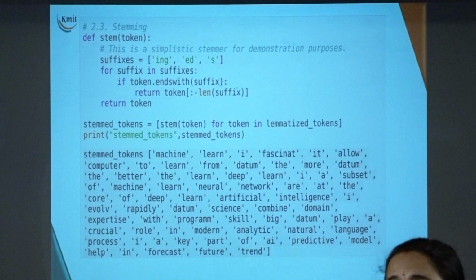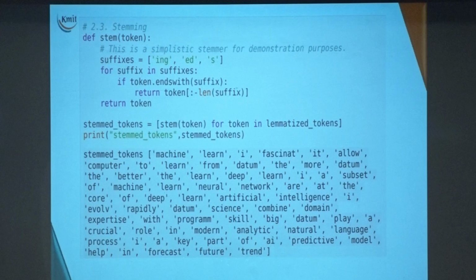Clear enough with stemming, guys? Here I am doing only for suffix. Now, you will store the stemmed tokens in a separate list after you do the for loop, and then you print it. You can see here, what was the first sentence we had? Machine learning is fascinating. So what are the stemmed tokens that you have got?